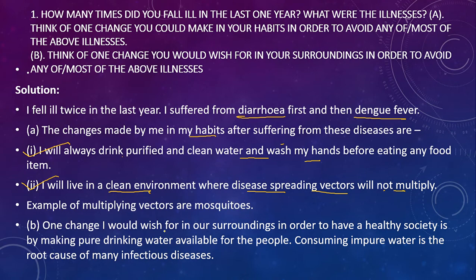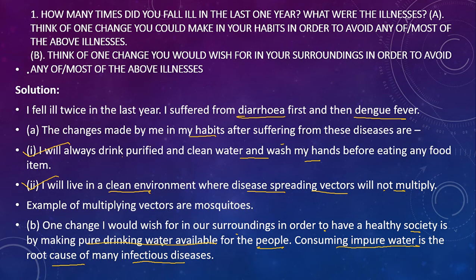One change I would wish in our surroundings in order to have a healthy society is to make pure drinking water available for people. Consuming impure water is the root cause of many infectious diseases like cholera, diarrhea, dengue, and typhoid. So what changes did you or one of your friends make when he or she was suffering from any kind of disease last year?